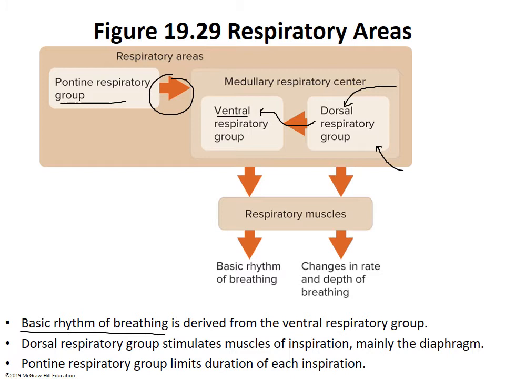And so it's trying to help control the normal breathing. But the basic rhythm of breathing is up front in the ventral group. The dorsal group is getting all kinds of information from different parts of the body that help regulate that. And then last and not least is the pontine group, which is just simply there to control the duration and the amount of inspiration.